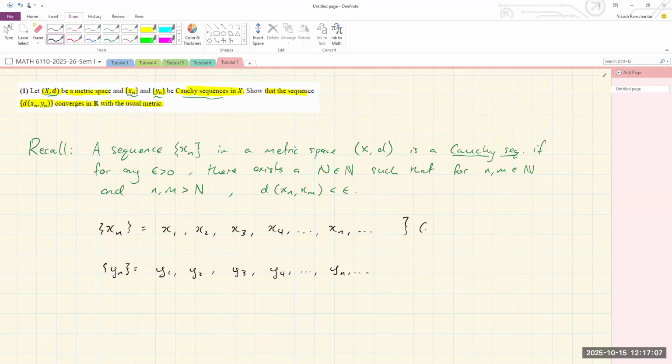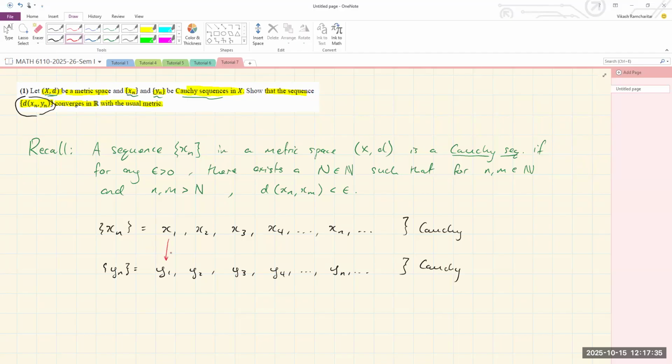This one is a Cauchy sequence. This one here is also a Cauchy sequence. So the sequence they are referring to, d of xn and yn, what exactly is that sequence? We're going to measure the distance between corresponding terms in the x and the y.